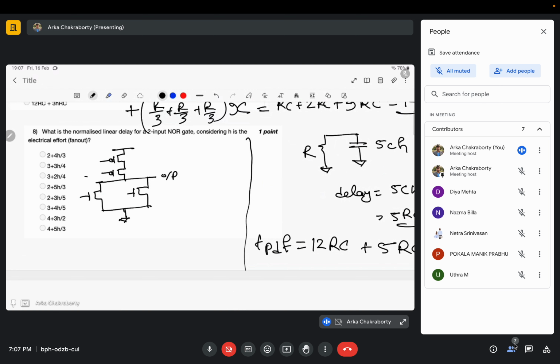So let me consider these two are connected. Okay. So what would be the sizes? Initially PMOS was 2, but as now I am using a stack of 2 PMOSes in the pull-up network, I need the resistance to be same. So I should make the W of PMOSes double the initial value, and initial value was 2, so now it would become 4.